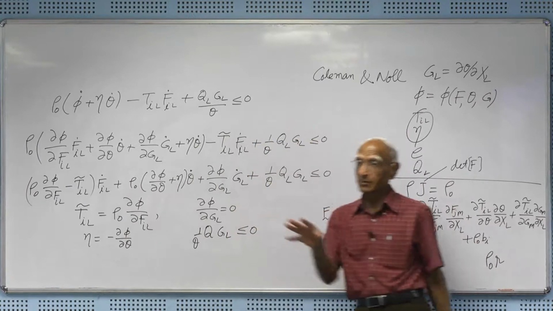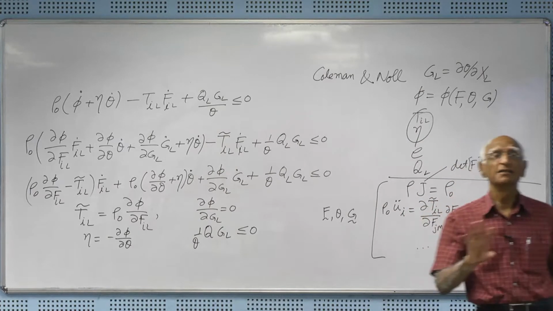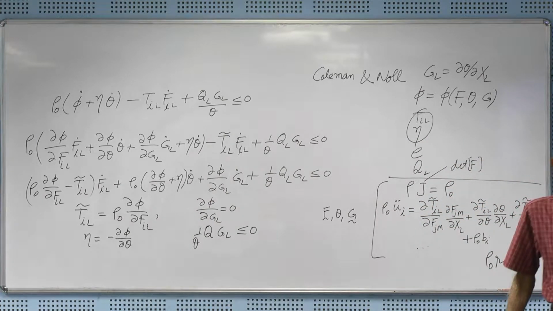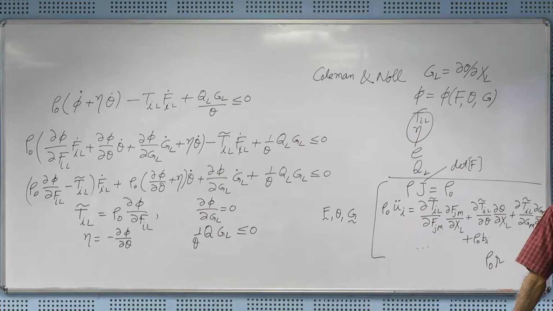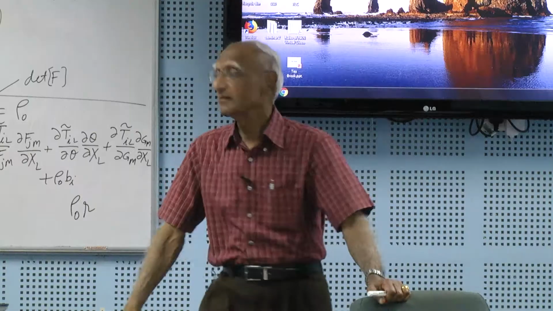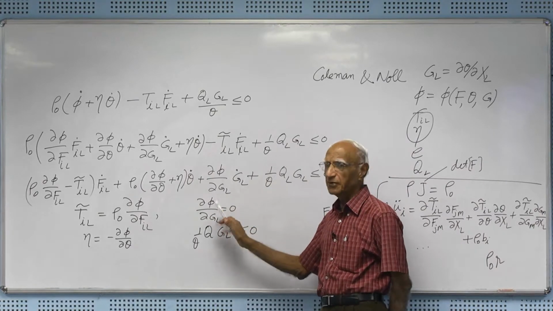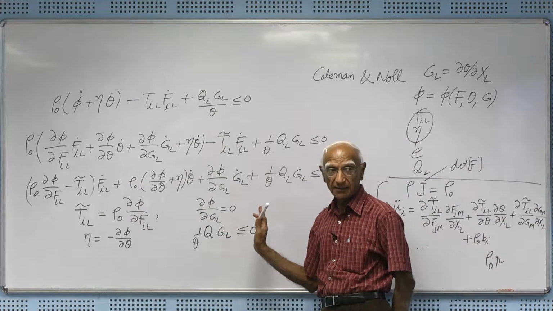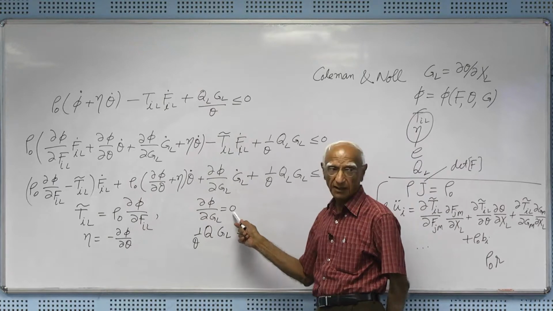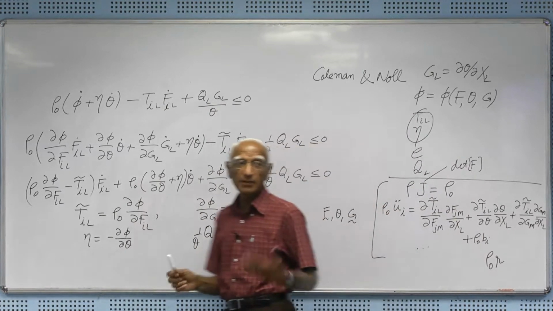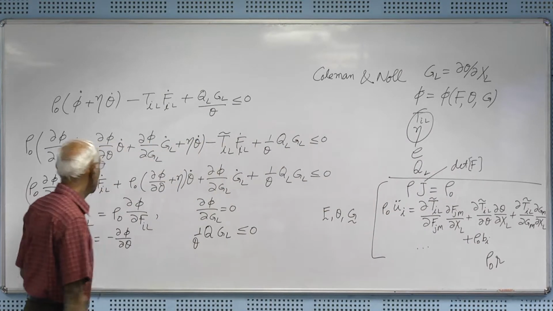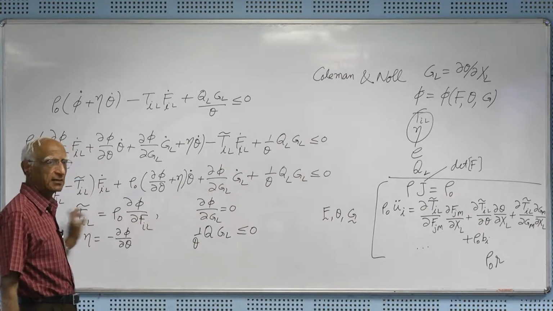So that's what happens. When you don't see in books that the second law of thermodynamics is even mentioned, that's because they have found, first of all, they have taken phi to be independent of the temperature gradient. So this is satisfied. And if they are doing a mechanical problem, they have found T from this relationship.